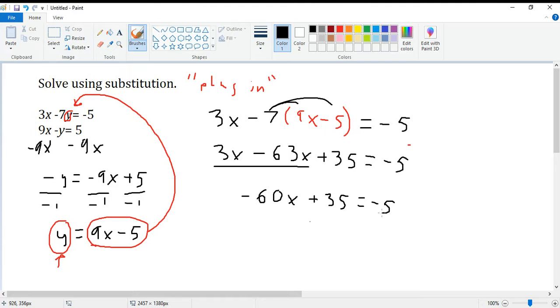Subtract 35 from both sides of your equation. And divide both sides of the equation by -60.